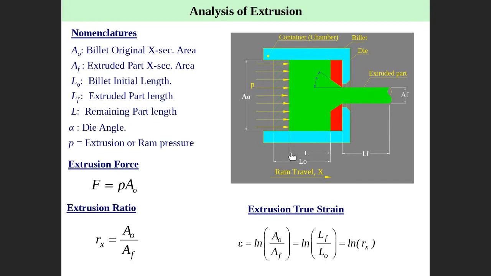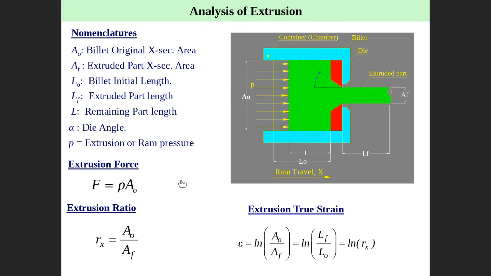L is the length during the process, the remaining length. Whenever I apply pressure, L is reducing, getting smaller and smaller, and finally all the material is extruded. Alpha is the die angle. Here, this is alpha, the die angle.